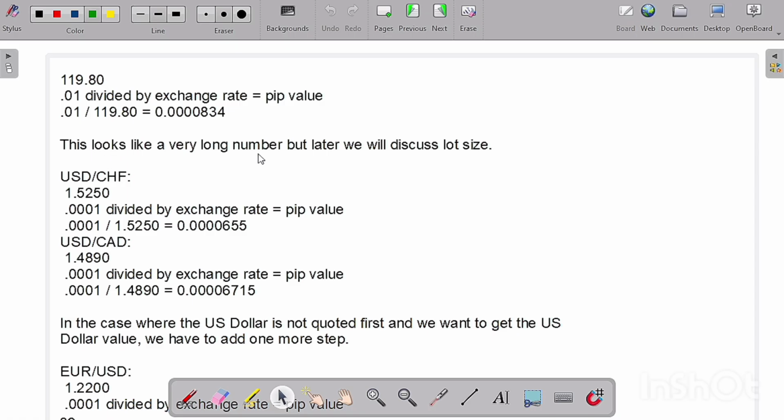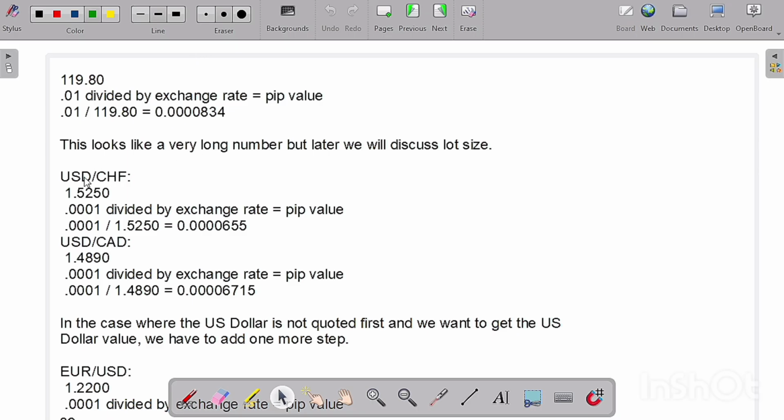When you use a calculator just for validation, it's always the same, because you'll get 8.3 something, and don't worry about that. That's the pip value, and when we multiply with the lots or the money, you'll see a very big magic which happens in the market.